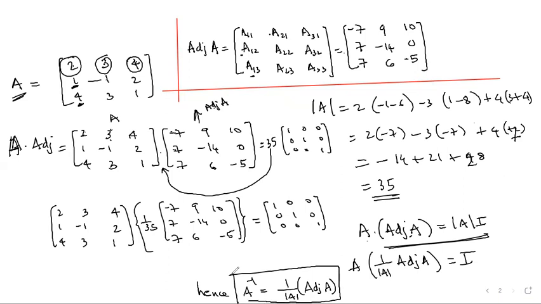Inverse can be obtained in another method by calculating the adjoint and dividing by the determinant. Fine? Everybody? Yes, sir. Okay.